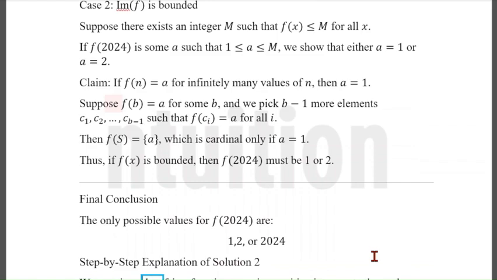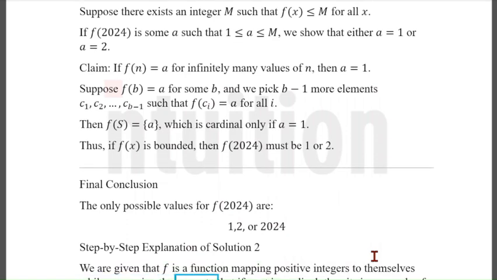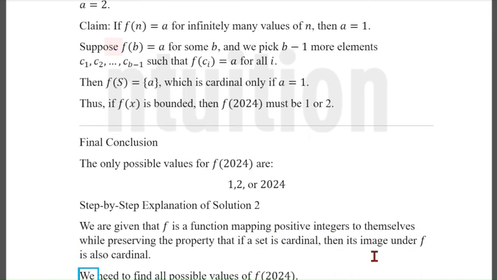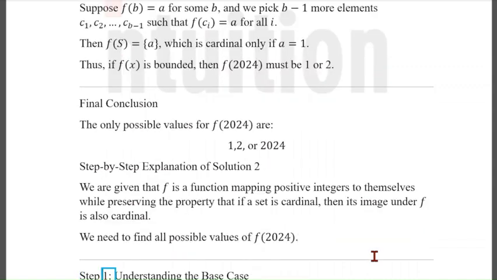We are given that f is a function mapping positive integers to themselves while preserving the property that if a set is cardinal, then its image under f is also cardinal. We need to find all possible values of f(2024). Step 1.